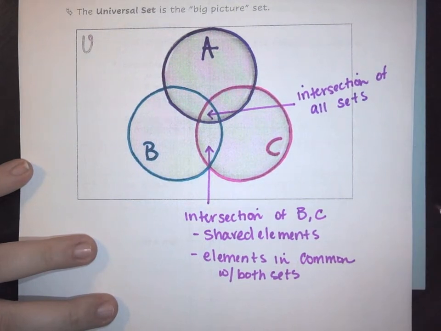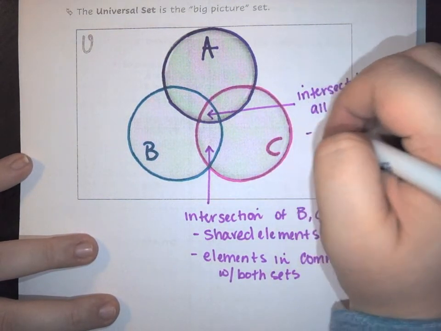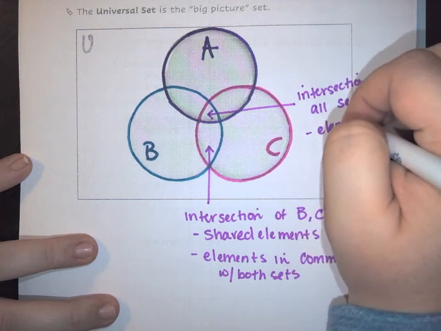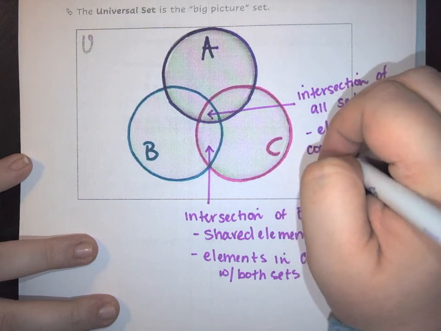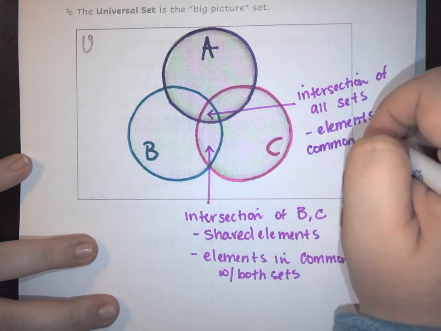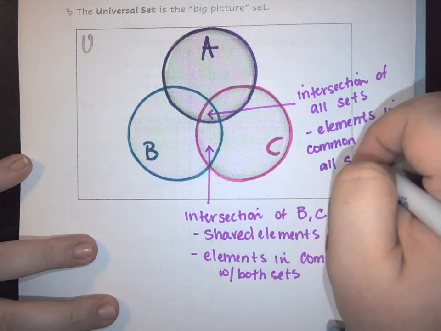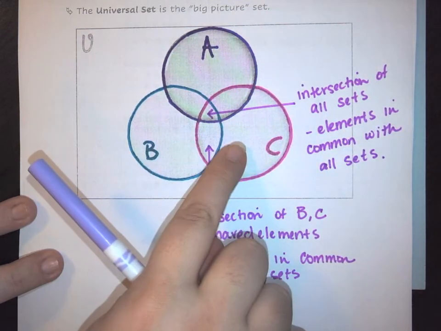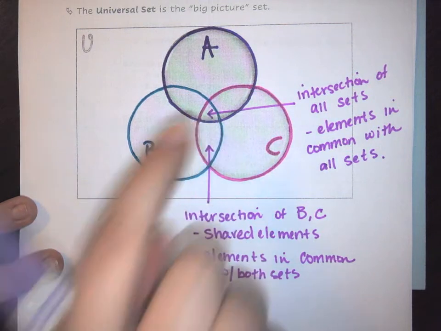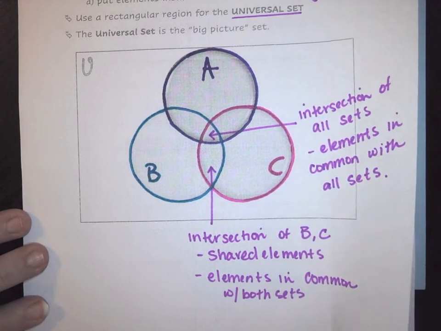It's the same thing: it means you have elements in common with all sets. Those elements would appear in each of these individual sets, and so they go in the middle right there. Okay, and so those are your Venn diagrams, or how we set them up.